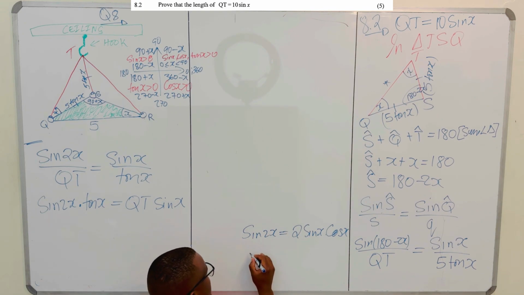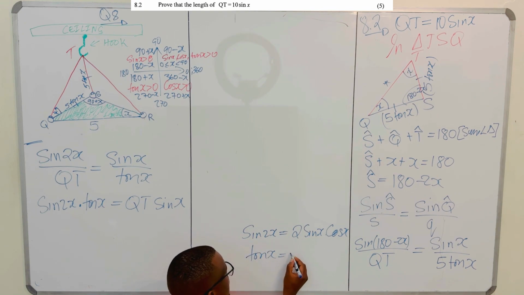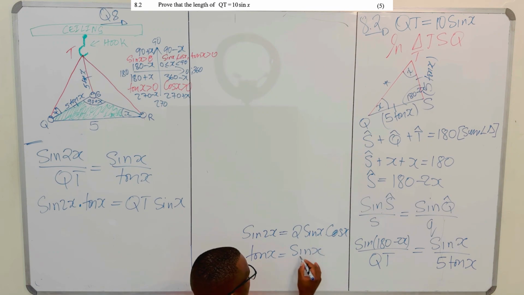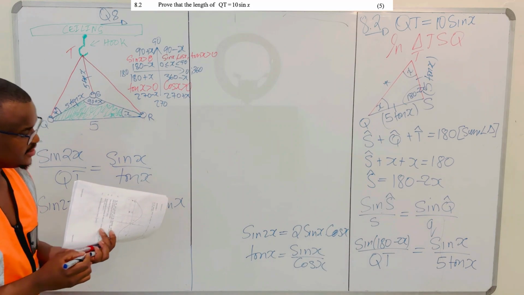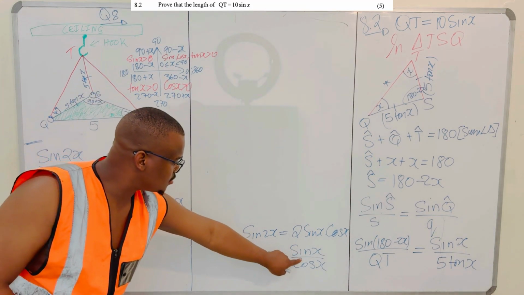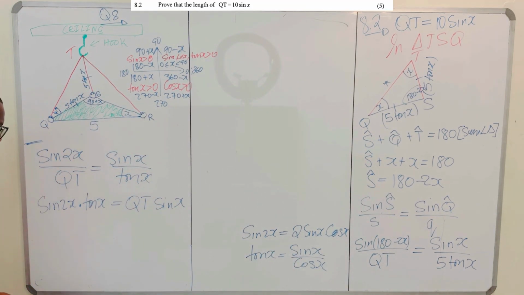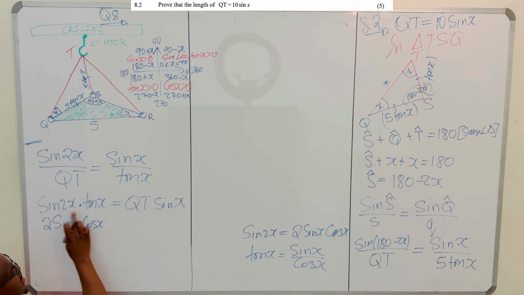And the tangent of x is equal to sine x over the cosine of x. This is how we derived it from the previous question. So what we have here is 2 sine x times cos x. This is that times the tangent of x.